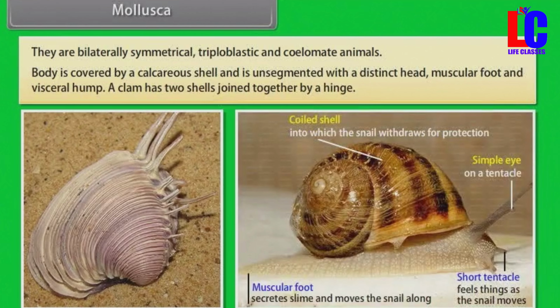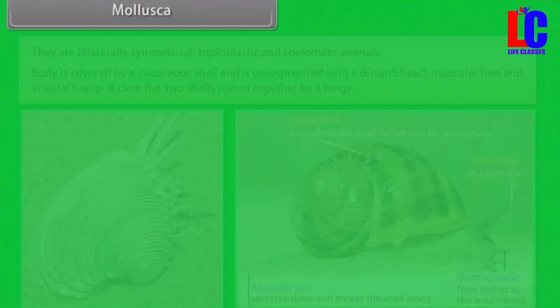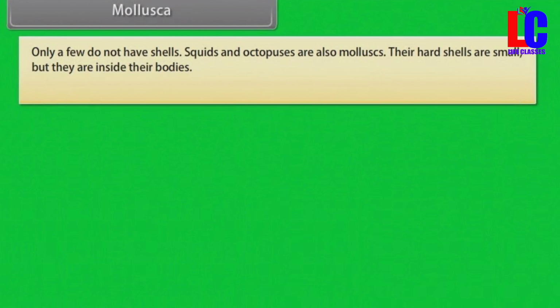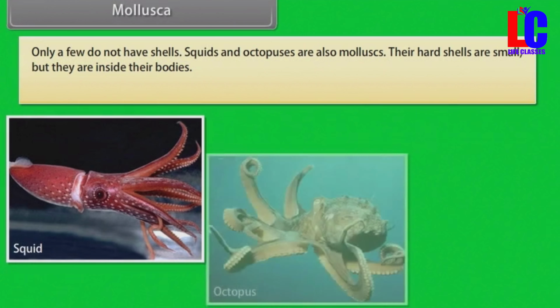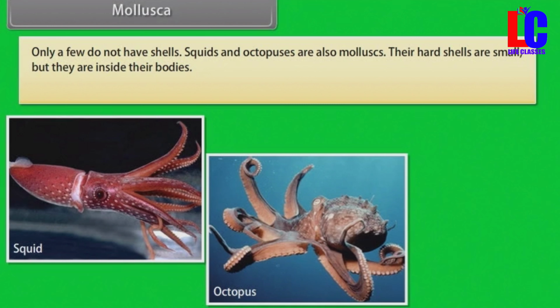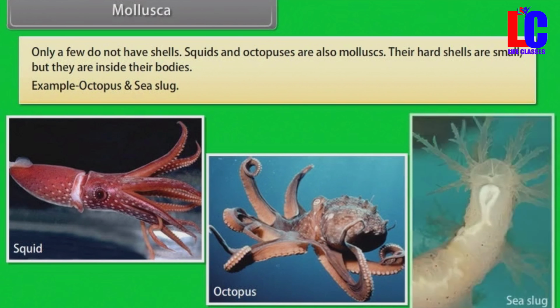Body is covered by a calcareous shell and is unsegmented with a distinct head, muscular foot, and visceral hump. A clam has 2 shells joined together by a hinge. Only a few do not have shells. Squids and octopuses are also mollusks. Their hard shells are small, but they are inside their bodies. Example: octopus and sea slug.